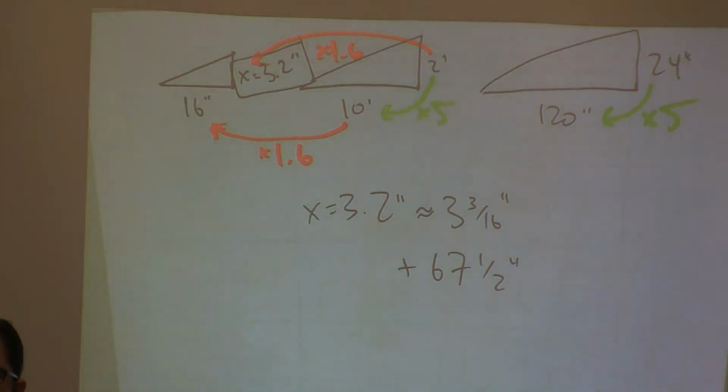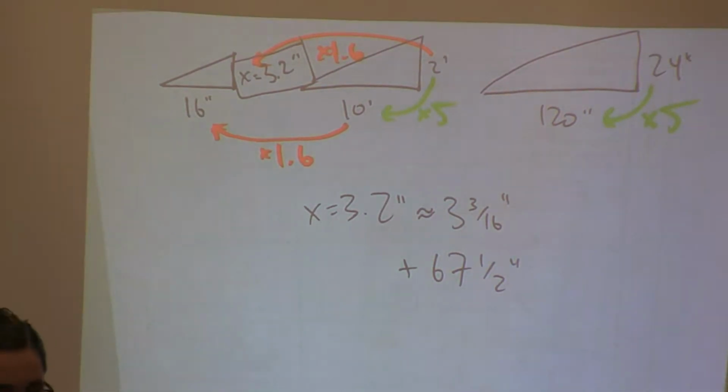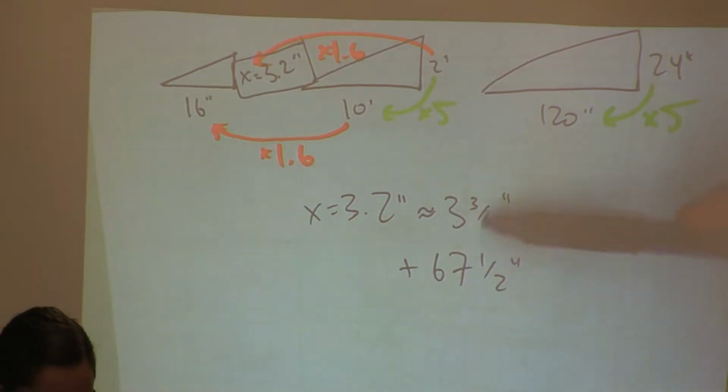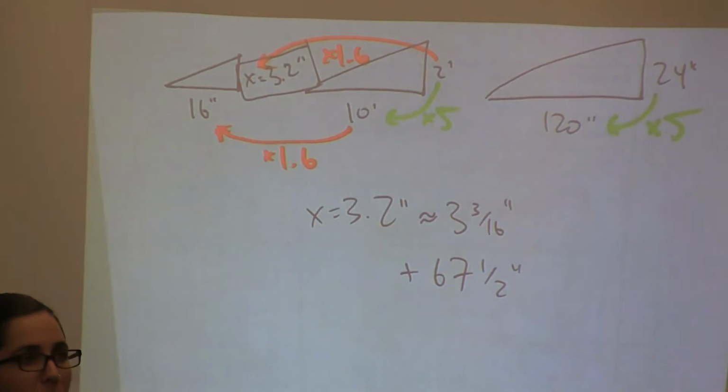Go ahead, add them up. 30 seconds at your table right now. What's 3 3/16 more than 67.5 inches? Ready, set, go. In your tables. 30 seconds.